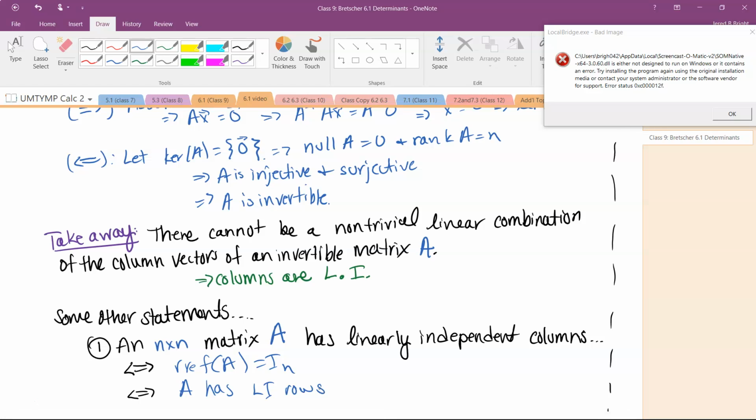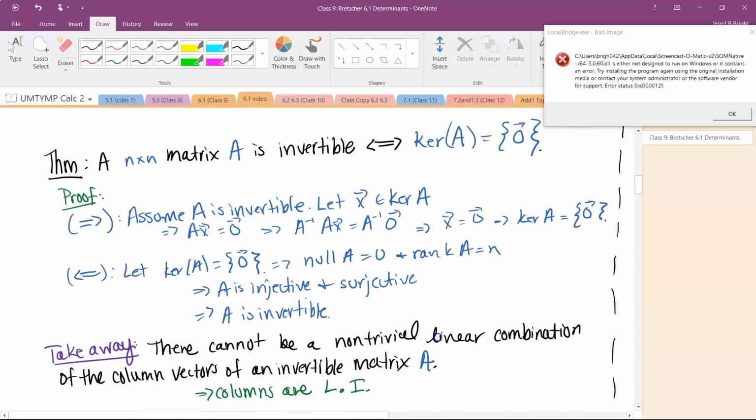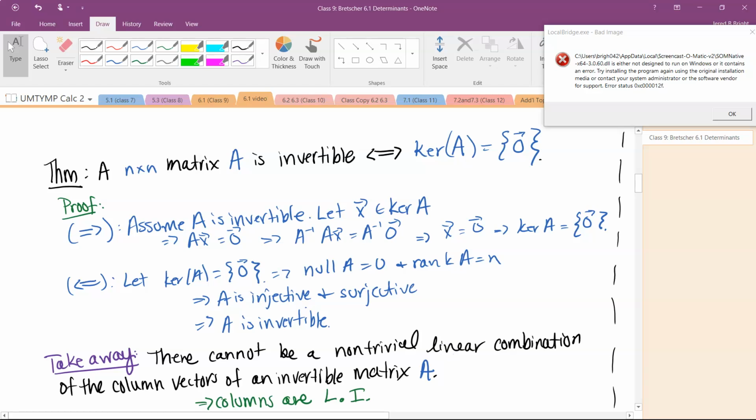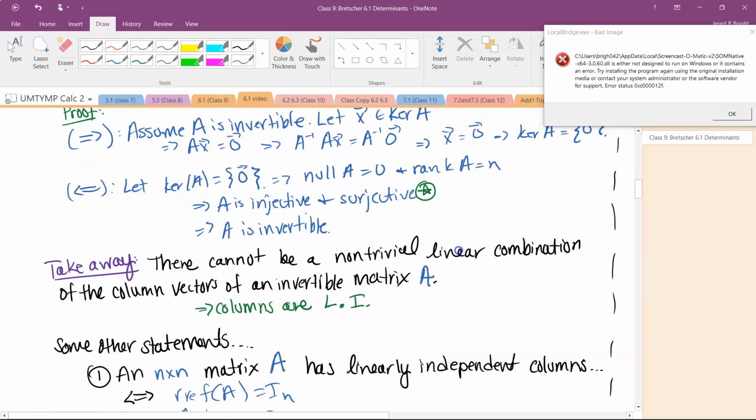So the big idea here is that the invertible property means that the kernel of A is 0. We went through the proof. Again, if you have questions about why it is injective or surjective, be sure to ask in class, or reason through why this nullity and rank condition is sufficient for injective and surjective.